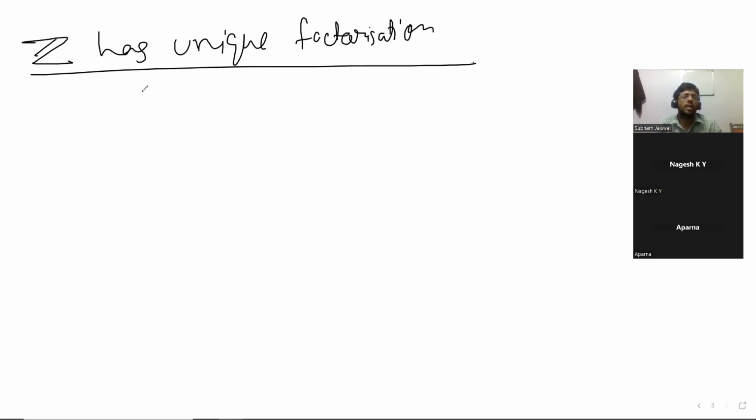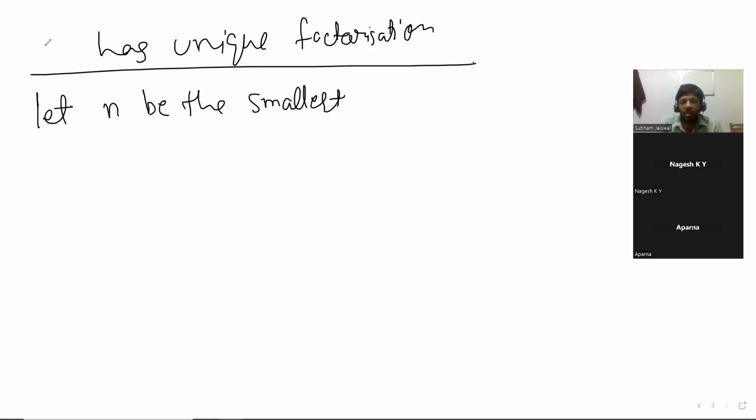Then let N be the smallest. So basically, I will just show that the natural numbers have unique factorization, because that will also imply Z has unique factorization, since a negative number is the negative of that.